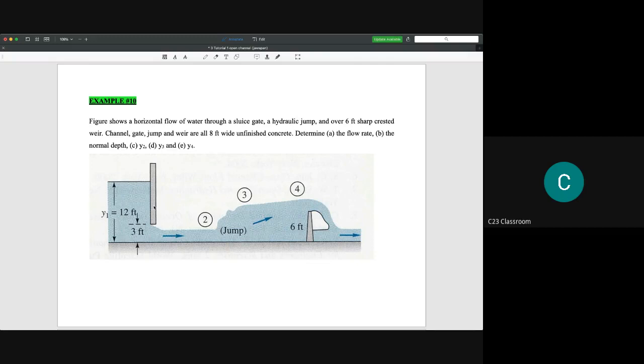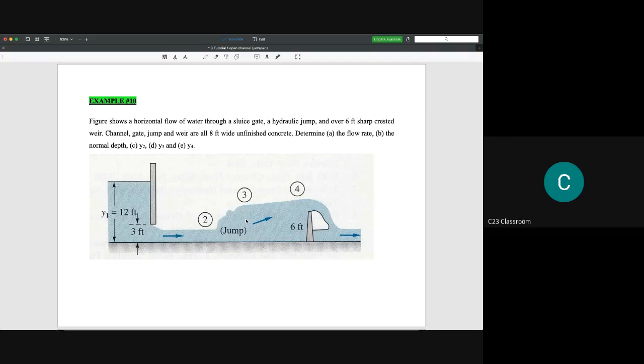It is about when we have a dam here, and water is released from the dam. Because the energy is high, there is a very high possibility of creating a hydraulic jump.